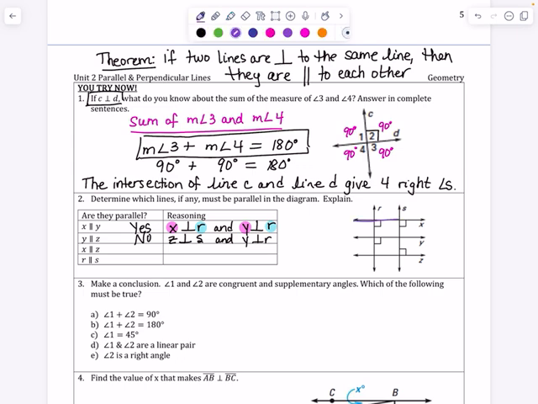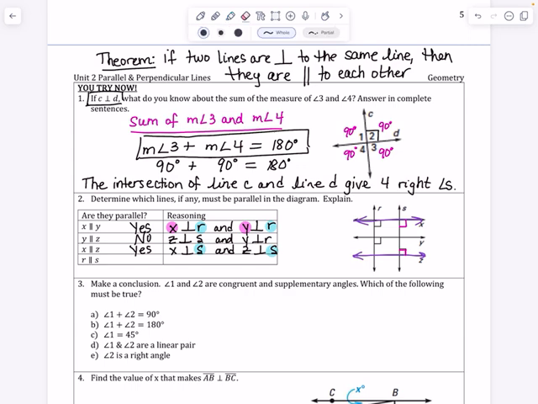We have X and we have Z. Notice that they are both perpendicular to S. So what we can say here, just like the top one, yes, we can say X is perpendicular to S and Z is perpendicular to S. So because they're both perpendicular to line S, they are parallel to each other.